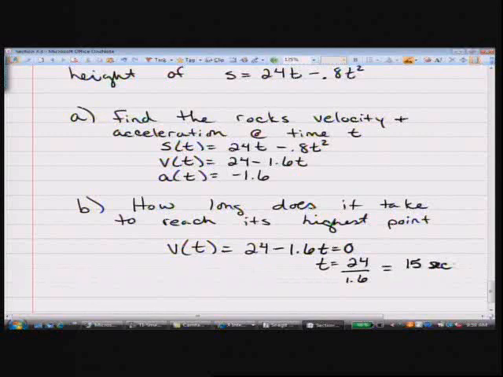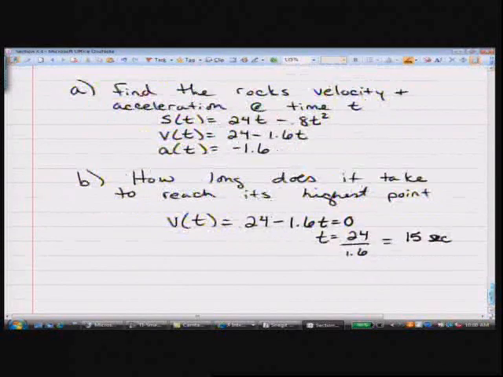So it goes up and it comes back down. Now, you could also have found the x-coordinate of the vertex, negative b over 2a, which would be negative 24 over 2 times negative 0.8. It's kind of interesting. Okay, how high does the rock go?